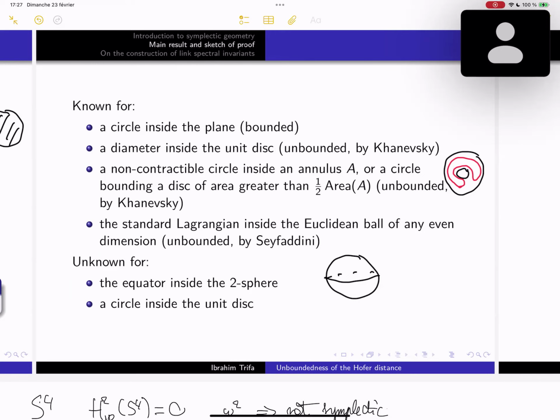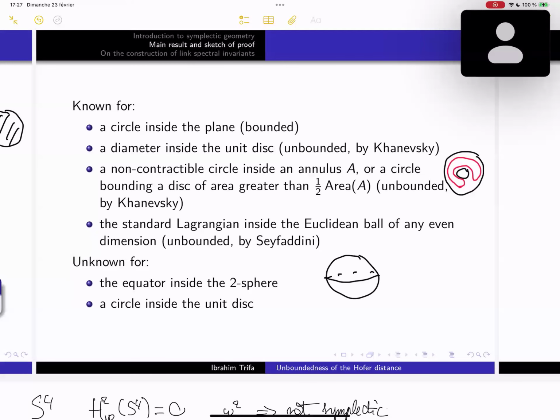And some people have made some progress in trying to find ways to tackle this question, but never found an answer. And it's also open for a circle inside the unit disk.